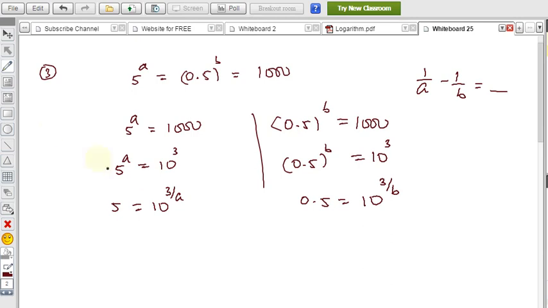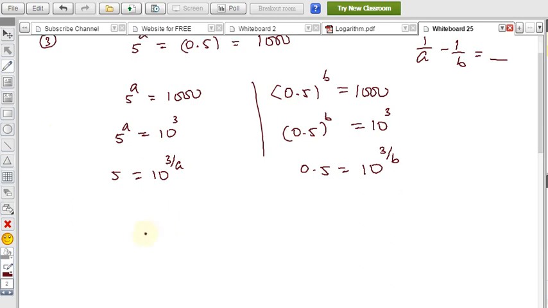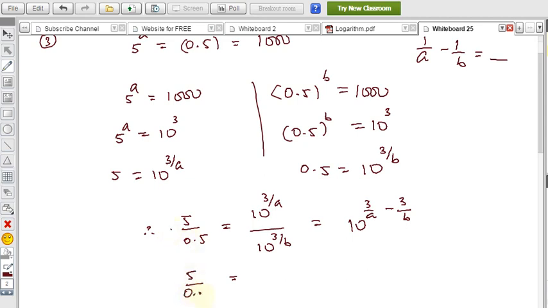Then I will do division on both. Therefore 5 by 0.5 is 10 to the power 3 by a divided by 10 to the power 3 by b, so 10 to the power 3 by a minus 3 by b. 5 by 0.5 is 10, because if we remove the point, multiply and divide by 10, 50 by 5, that is equal to 10.